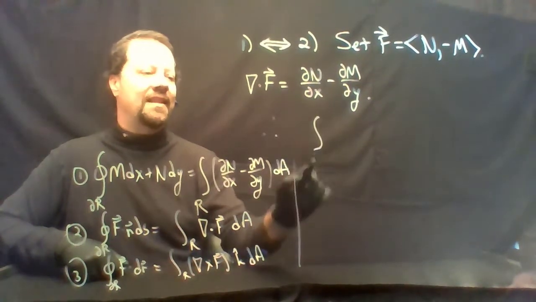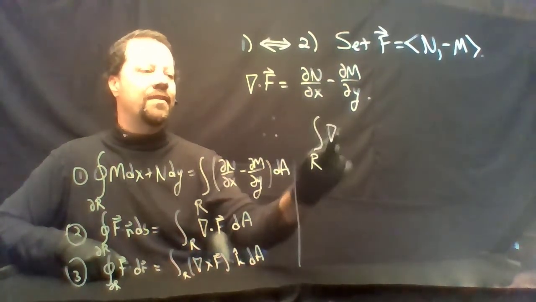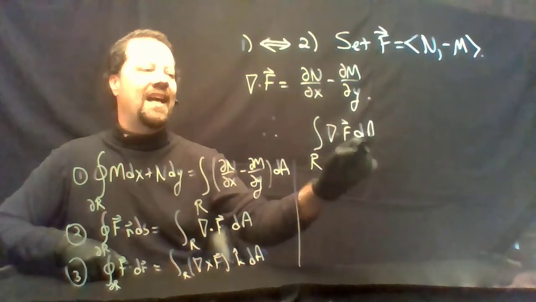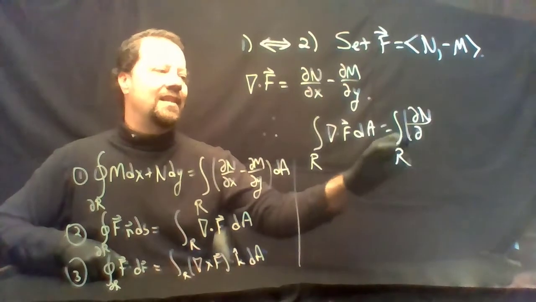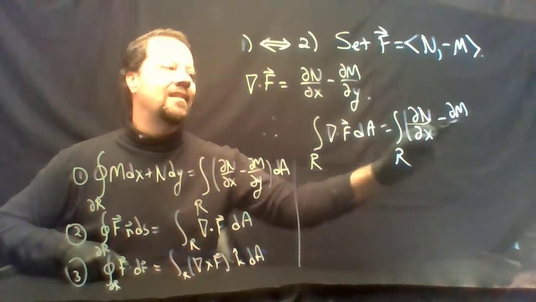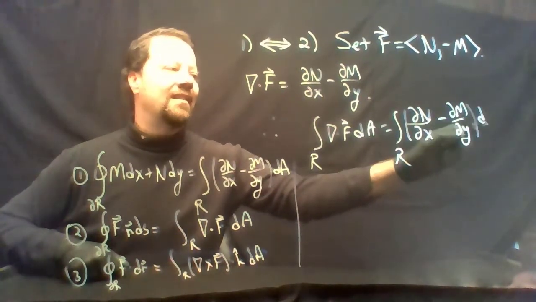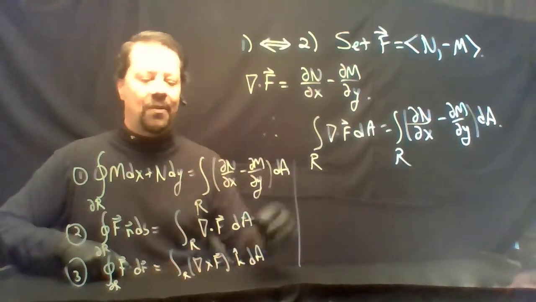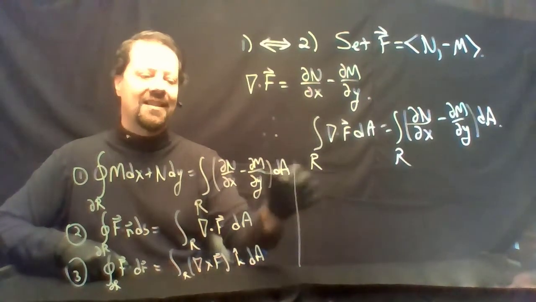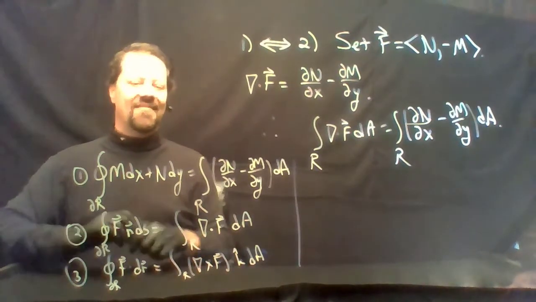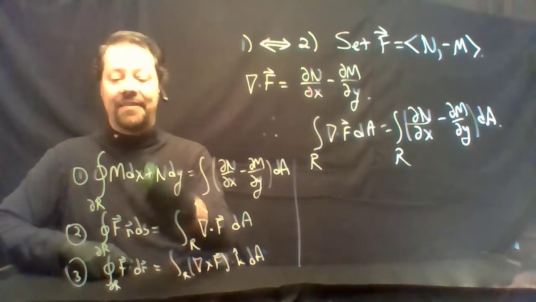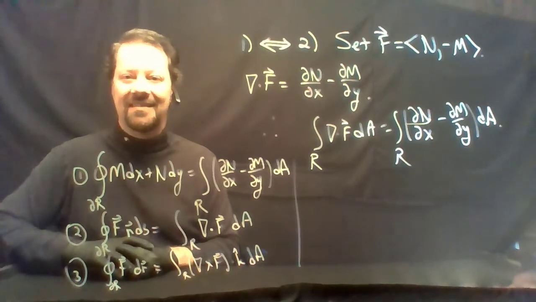It follows then that the integral on R of the divergence of F dA will be the integral on R of dn dx minus dm dy dA, verifying that the right-hand side of 2 is the same as the right-hand side of 1. We just need to prove the left-hand sides are also equivalent.